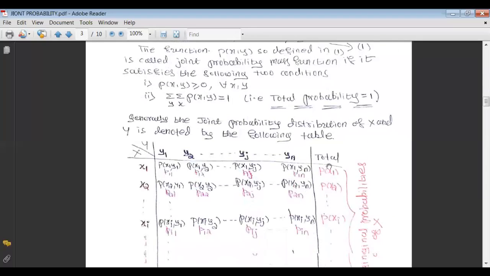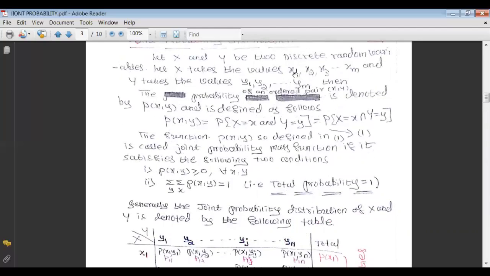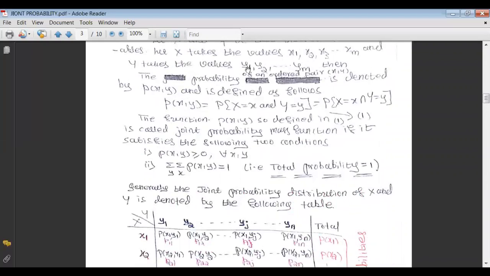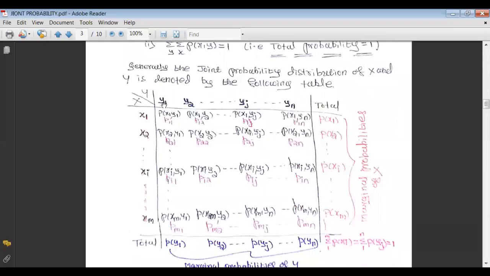Now, generally, the joint probability distribution of two discrete random variables x and y is denoted by the following table. As we have considered, x takes the values x1, x2, so on, xm, and they are listed here, that is x1, x2, in general xi, and the last one is xm. And y takes the values y1, y2, so on, yn, listed here as y1, y2, yj, and so on, yn.